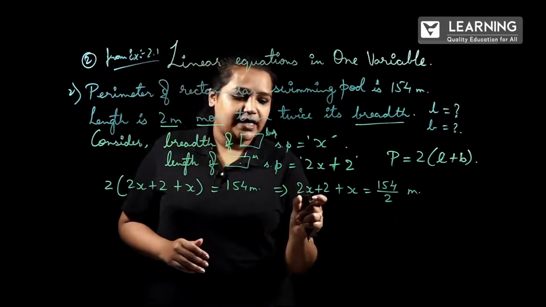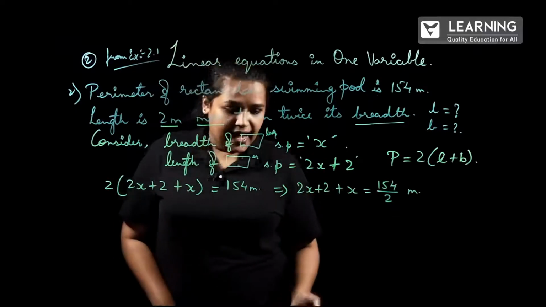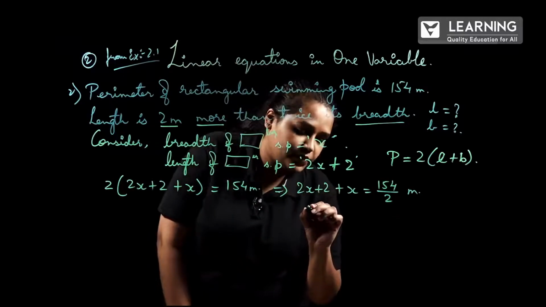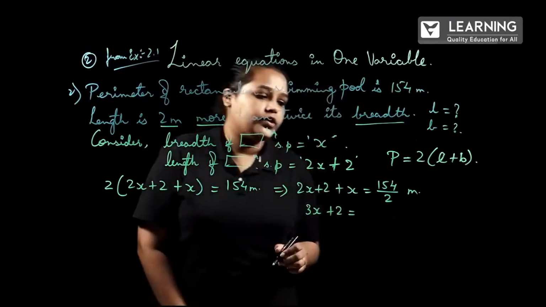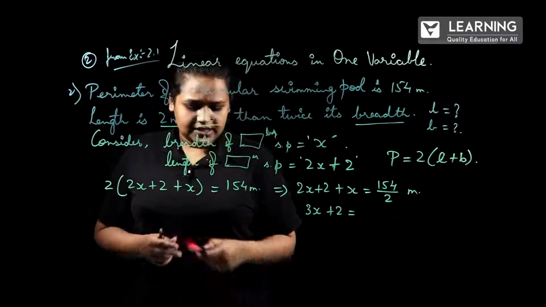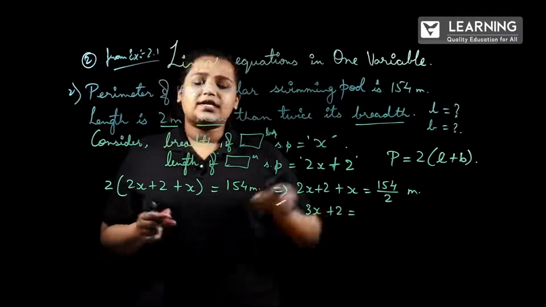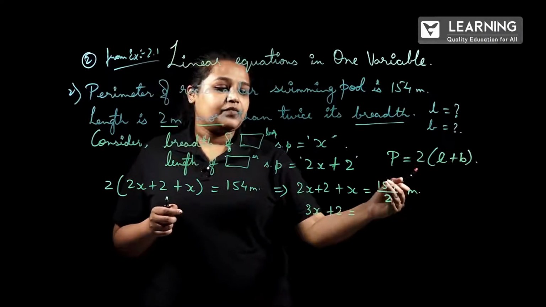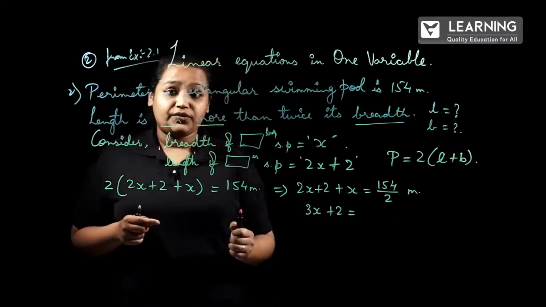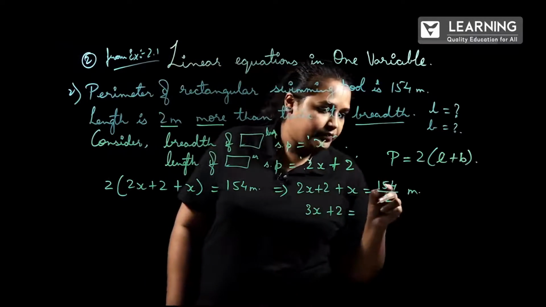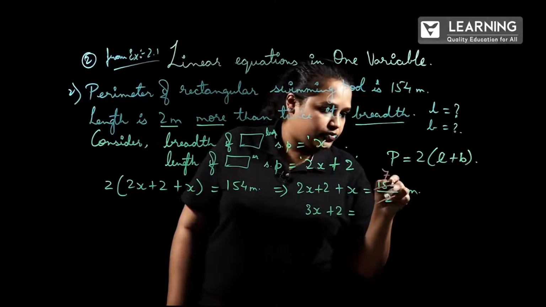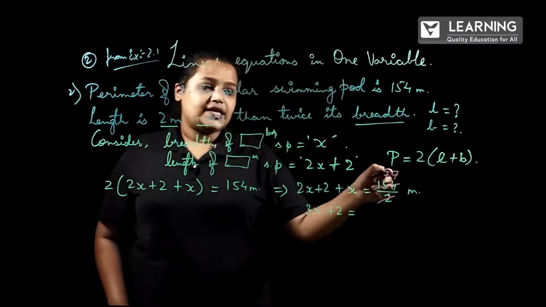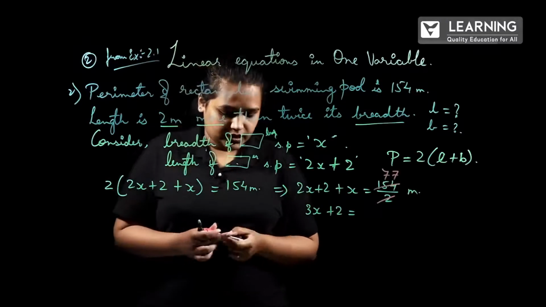Yes, 2x and x. When we add the like terms, it becomes 3x plus 2 is equal to 154 divided by 2. Now, just see whether we can reduce this. Can we divide the numerator 154 by 2? Yes, we can. It will be 77.